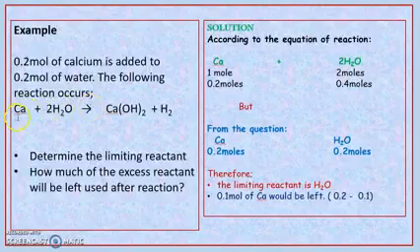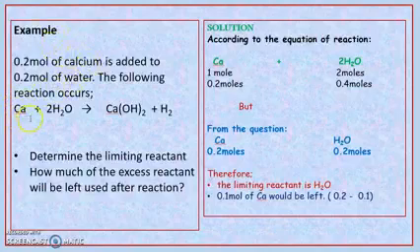The question says, determine the limiting reactant in this reaction, and also how much of the excess reactant will be left unused after reaction. According to the equation of reaction, we are interested in calcium and water.